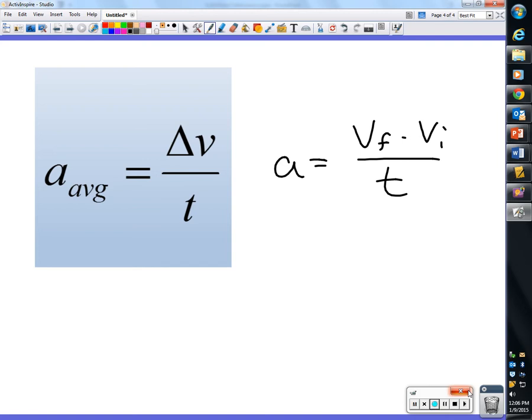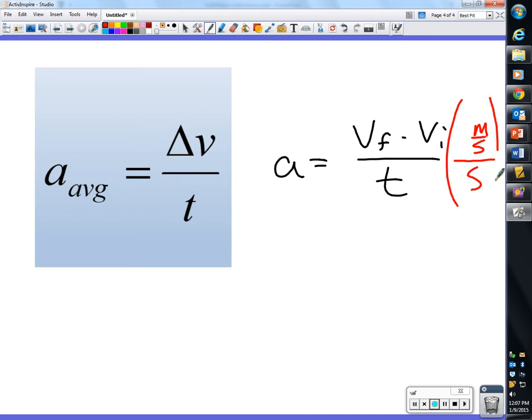Now, units though, if we do a velocity minus a velocity, we should still end up with meters per second. But now we have to divide that number by what?